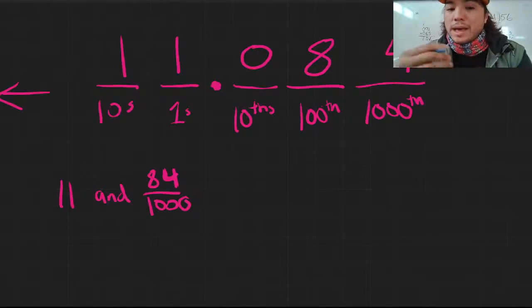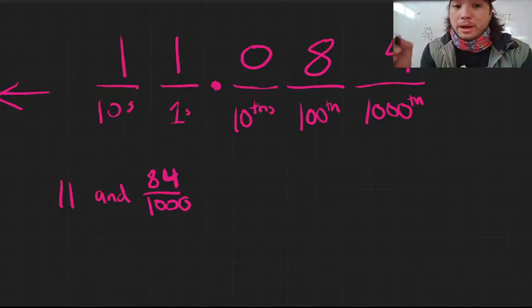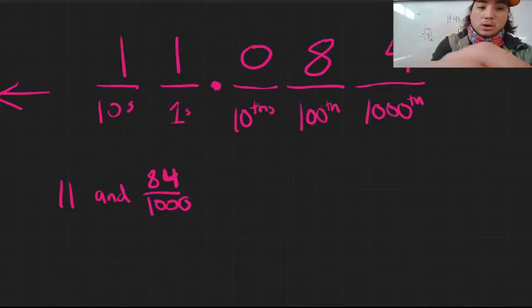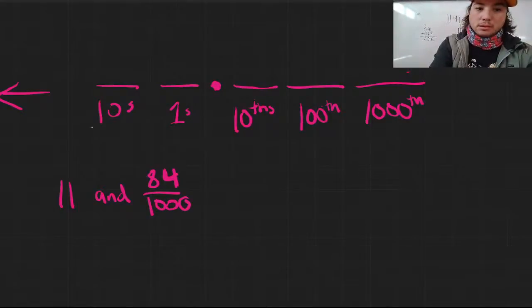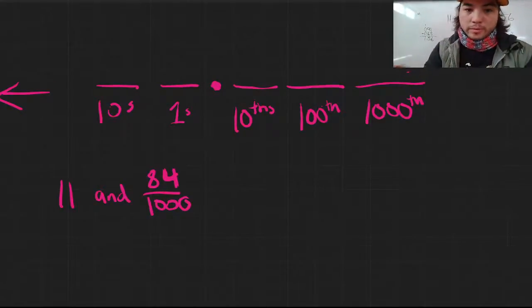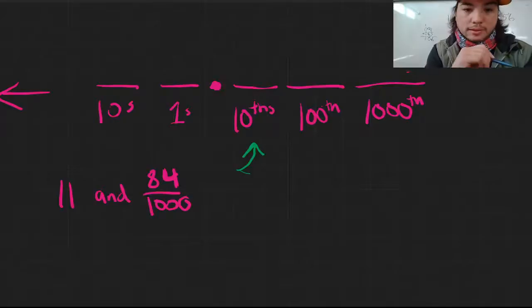Okay, so if you have trouble, or if you have a little bit of struggle writing out these numbers, or thinking about these numbers, I would actually go ahead and take the extra step of writing the names of our places below them, remembering that the place just to the right of the decimal point is the tenths place.